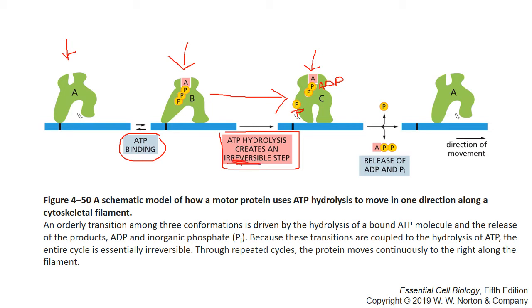Okay, there's no way for this motor protein to gather up the phosphate and the ADP and make it ATP again. Instead, what it will do is just release the two components. It's going to release the phosphate and it's going to release the ADP. And as it does so, we see that as it changes back to its conformational shape of A, it will await the binding of the next ATP molecule, thereby once again shifting it forward.